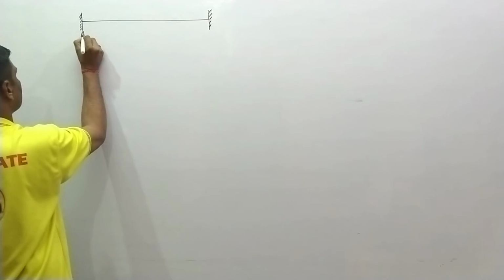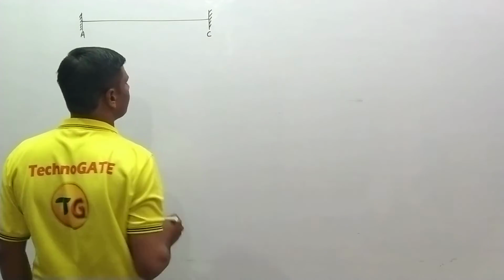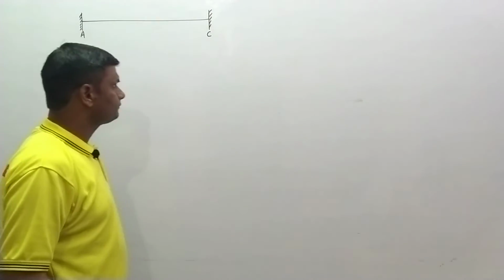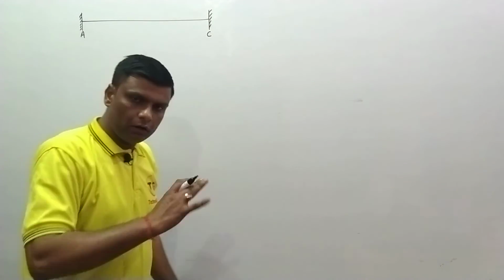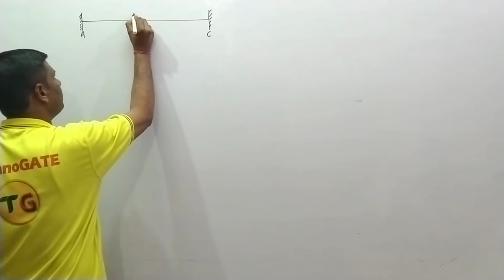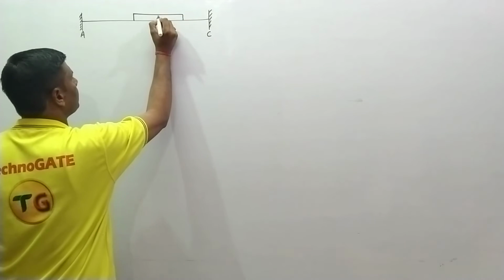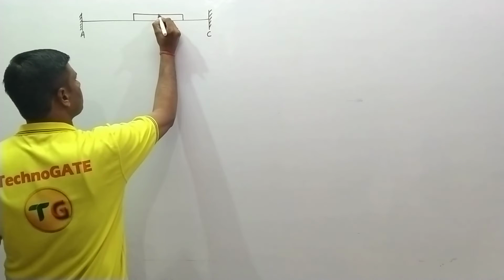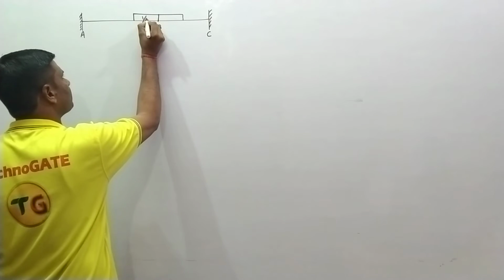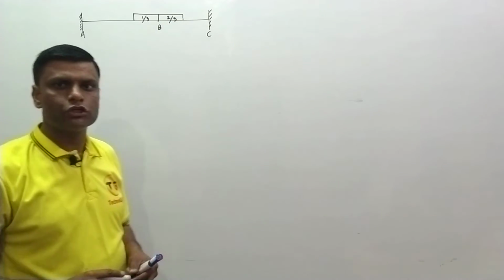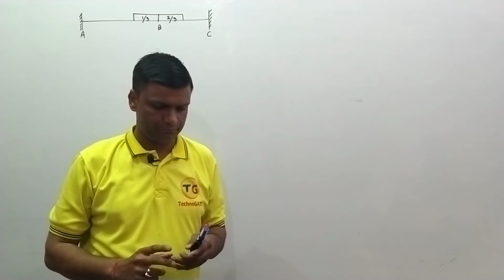This is A, this is C. Kindly prepare the table on a fresh page. Please be careful. After all the calculations, prepare the table. This is B. For this member the distribution factor is 1 by 3, and for this member the distribution factor is 2 by 3. Yes or no? We have calculated.